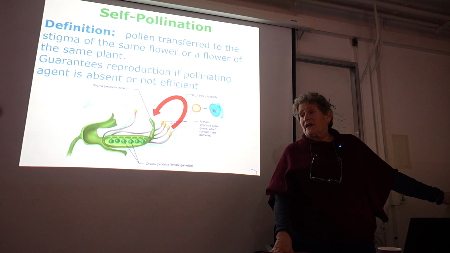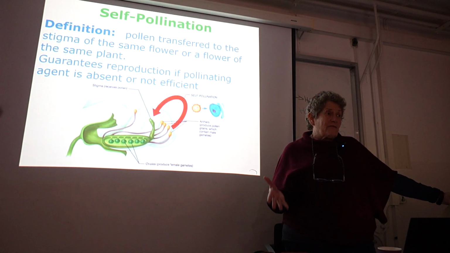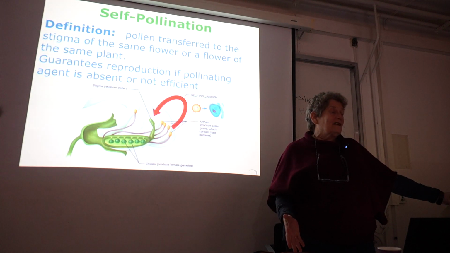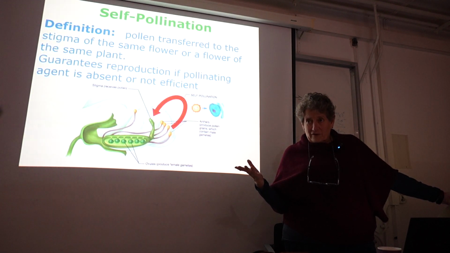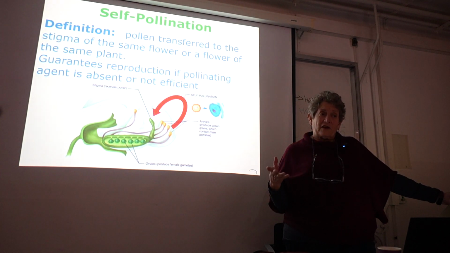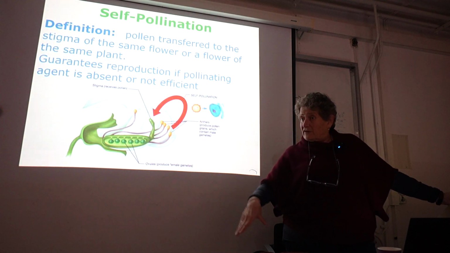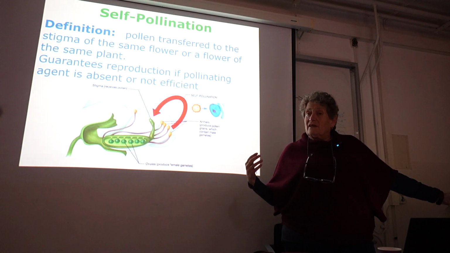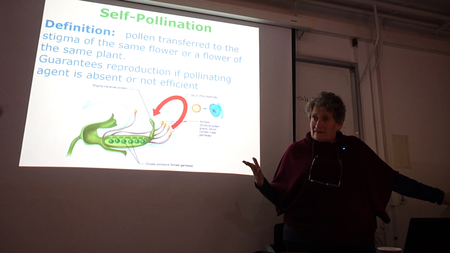So the same thing happens with plants and animals. So self-pollination basically is not considered a positive trait. But when you have plants that are very rare, for example, and this is particularly true for plants, when you have plants that are very rare or that are spread very far apart, the ability to self-pollinate is definitely an advantage.